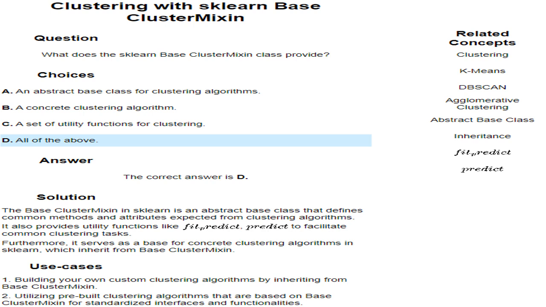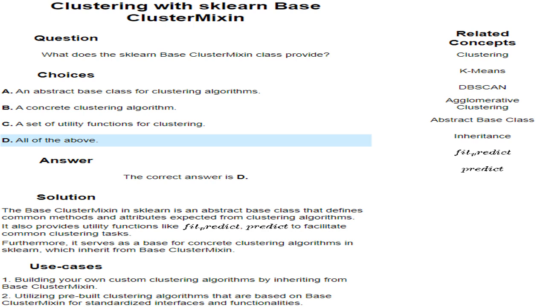It ensures that derived classes implement specific methods or attributes, promoting code consistency and extensibility. Inheritance is a fundamental object-oriented programming concept where a new class, the derived class, inherits properties and behaviors from an existing class, the base class. It allows for code reusability and building upon existing functionality.